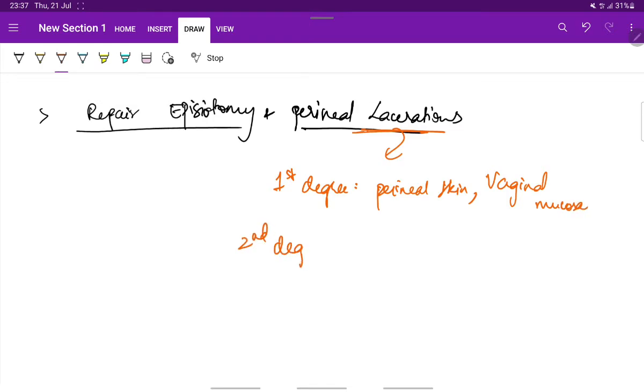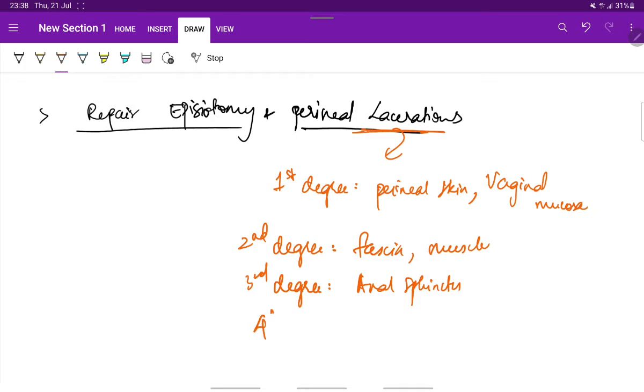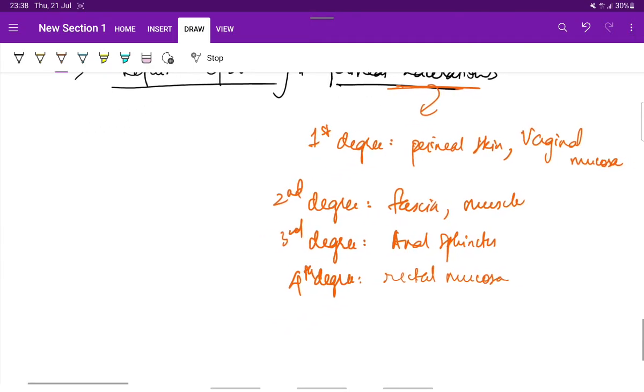The second degree lacerations include the fascia and the muscle. Third degree is still deeper, involving the anal sphincter. And the fourth degree perineal laceration extends through the rectal mucosa. So we should repair the lacerations based on its degree.